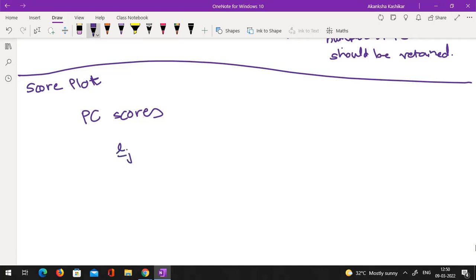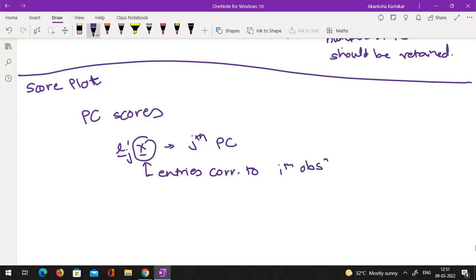We say that Lj prime x is the equation for the jth PC. Now instead of this x, if I put in the entries corresponding to the ith observation, then I get a single value, and that would be the score of the ith observation on the jth PC.